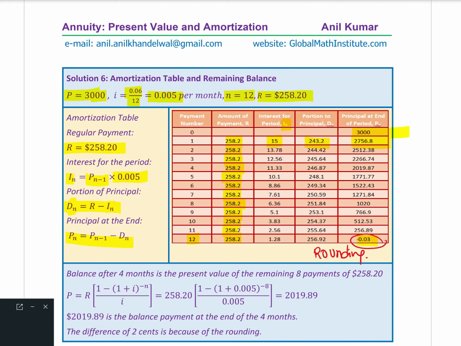So in the first column, write down number of payments. Second, what actual payments are being made. Then in the last, we'll begin with the amount, which is the principal, right? So which is 3,000. So calculate the interest on this 3,000, correct? So we just calculated what is 3,000 times the interest rate of 0.005, and it came out to be 15.